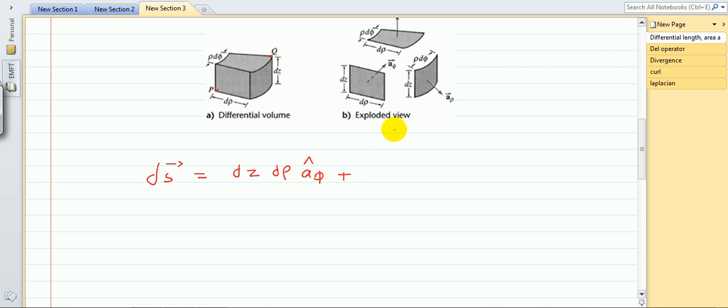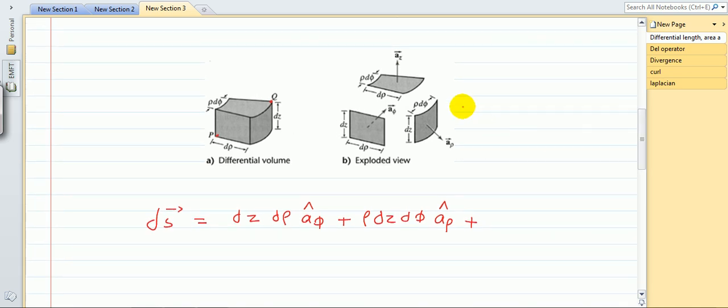If I consider the other surface like this, it will be rho dz d phi, and the unit vector will be a rho cap. And if I consider the upper surface, it will be rho d rho d phi, and the unit vector is in the direction of az cap.